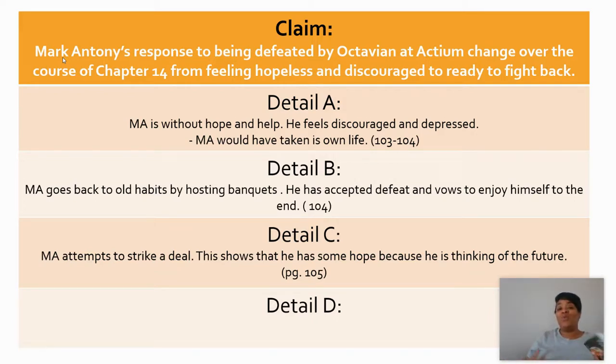So, we see a change in Mark Antony. I want you to take this time under detail D and write, what is that change? How does it represent Mark Antony's response to being defeated? I am going to give you 1 minute. We are writing. How does that detail show Mark Antony's response to defeat?